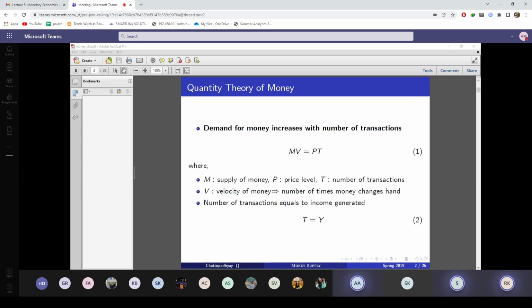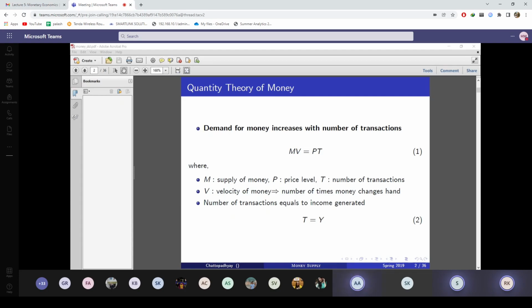And with this 50 rupees, let's say you give it to Sneha and you purchase one pen. So you get the pen, Sneha gets 50 rupees. So one transaction, and that 50 rupees is basically Sneha's income. So one transaction, one income got generated.